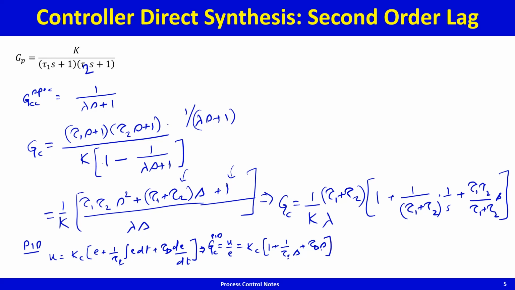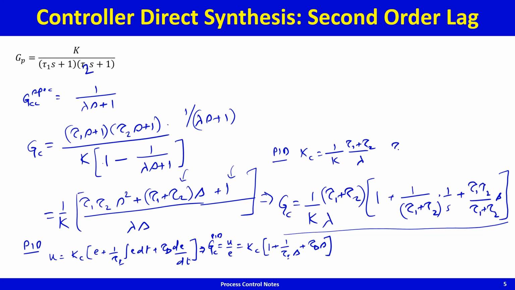Even though this is improper, in the sense that numerator order is greater than denominator order, nevertheless the point is that this GC that we have obtained is of the same form as a PID controller, and therefore we get a PID controller with Kc equal to 1 by K times (tau 1 plus tau 2) by lambda.